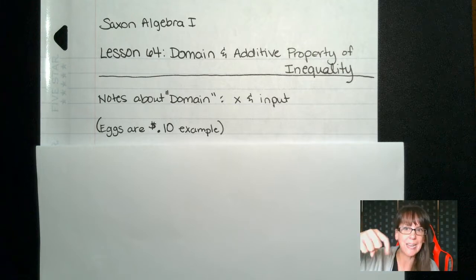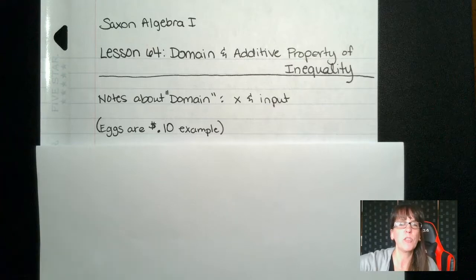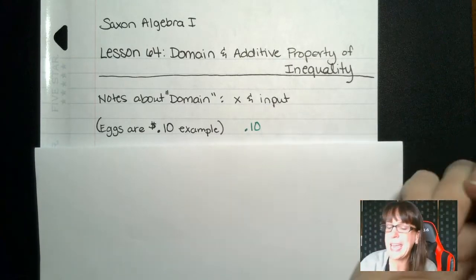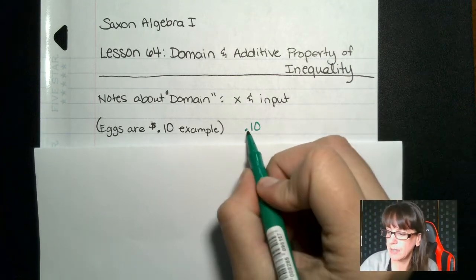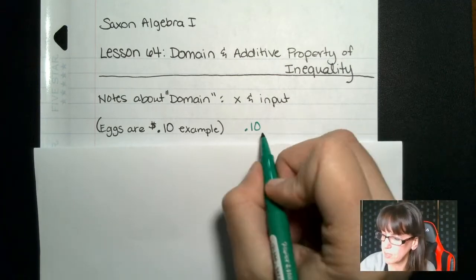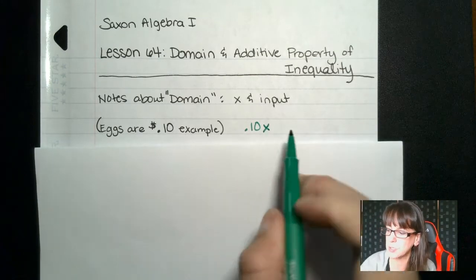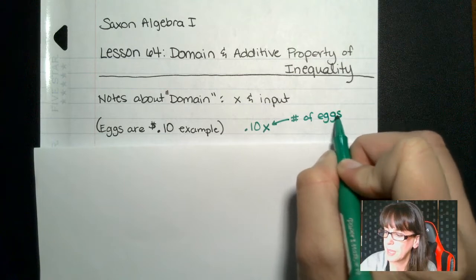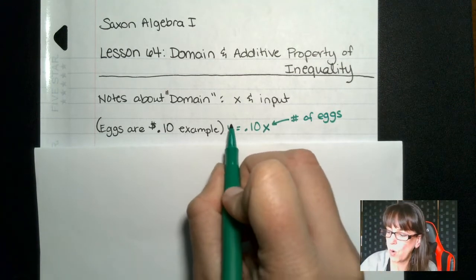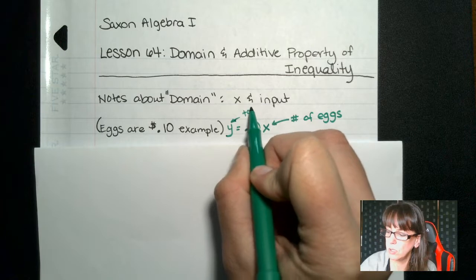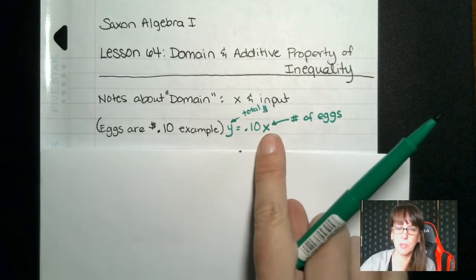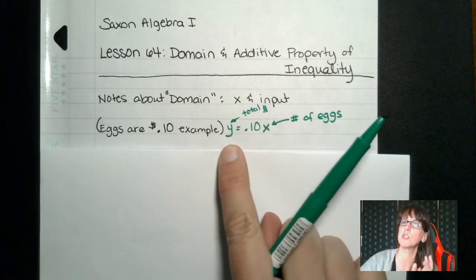So if we buy 10 eggs, that would be 10 times 10 cents, which is $1. We take 10 cents and multiply it by x, the number of eggs we're buying, and we get out y, which is total cost. Input is our x, which is domain; output is y, which is range.